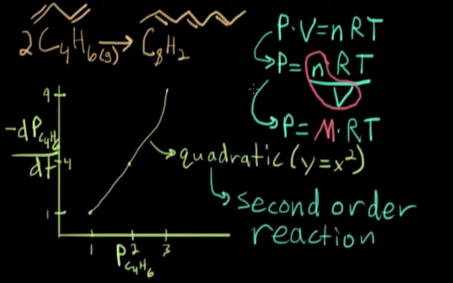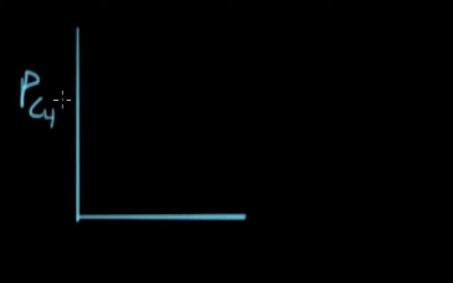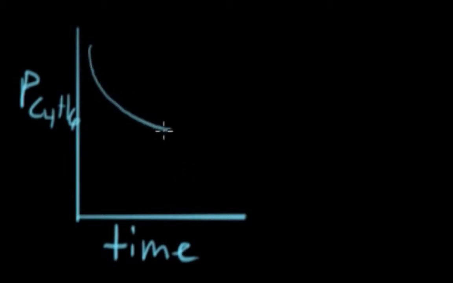Now, just to confirm our data findings here, let's do another comparison. So this time, let's compare the partial pressure of C4H6 to the time that has passed. Again, the units don't really matter right now. So if we did this, we would get some sort of curve like this.